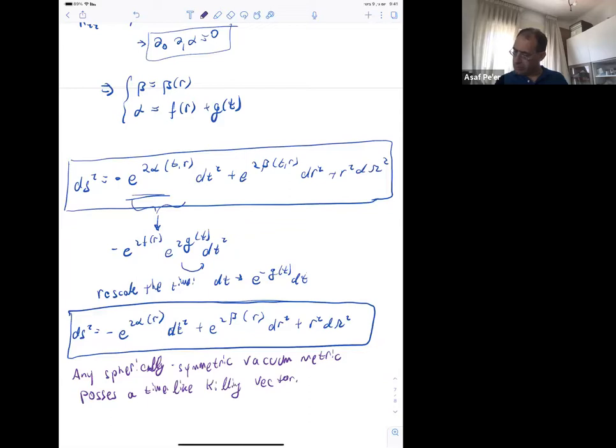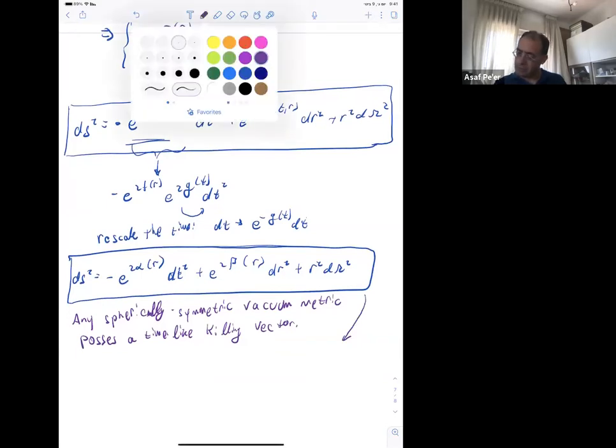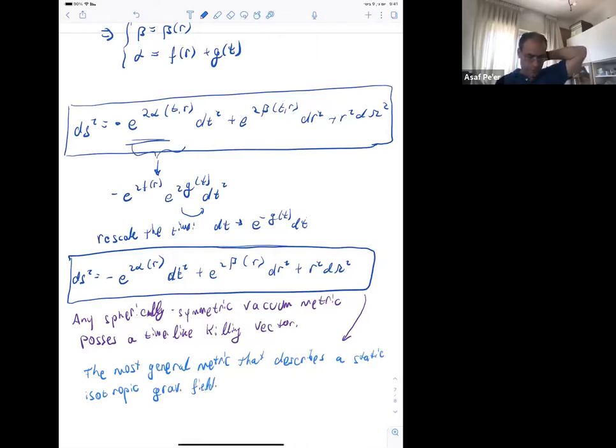So what we just derived is the most general metric that describes a static isotropic gravitational field. Okay, now I put a mark, which we'll discuss later on.